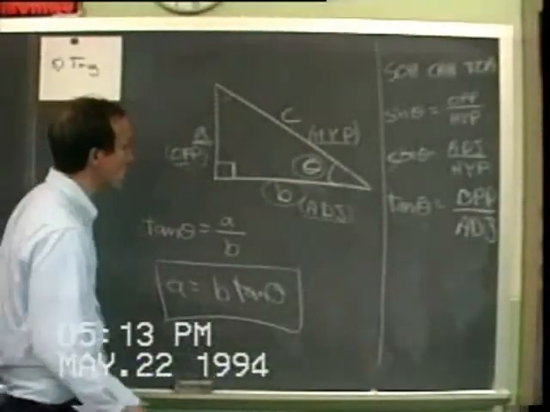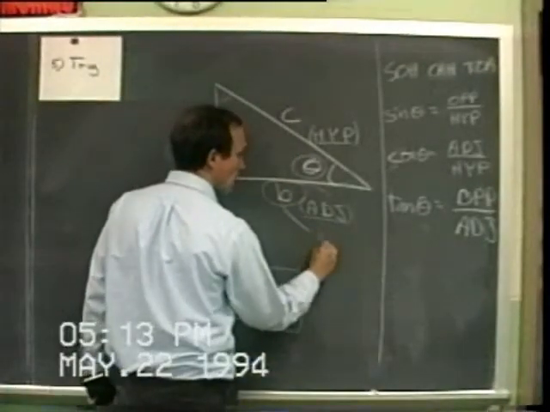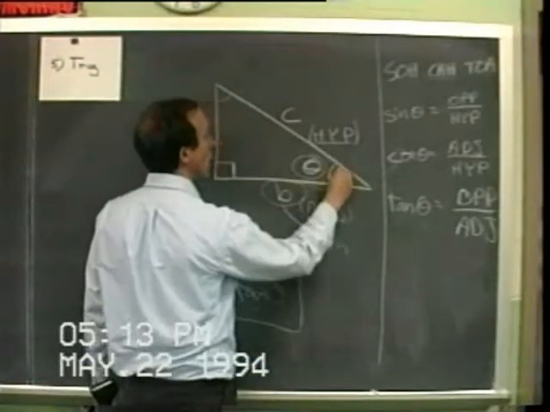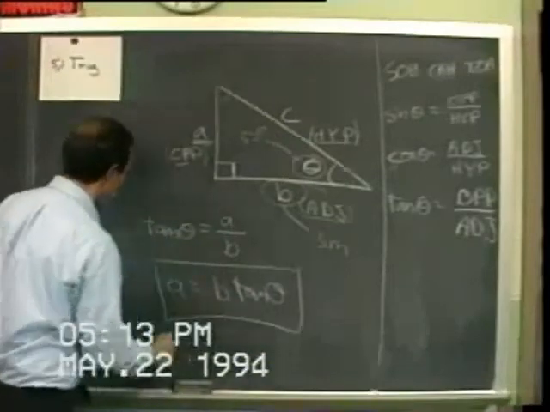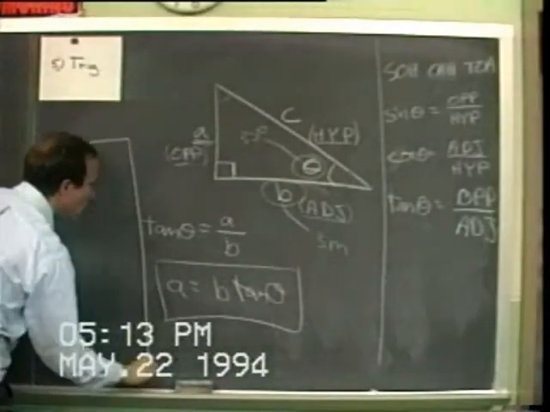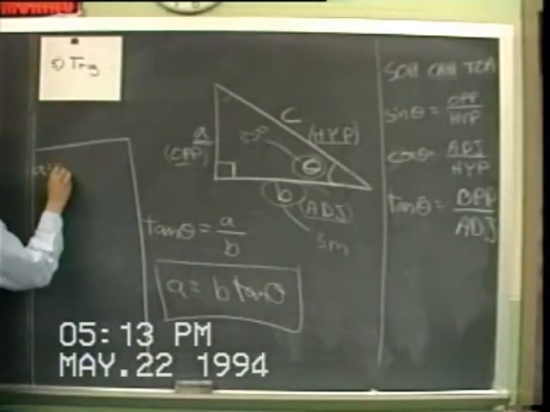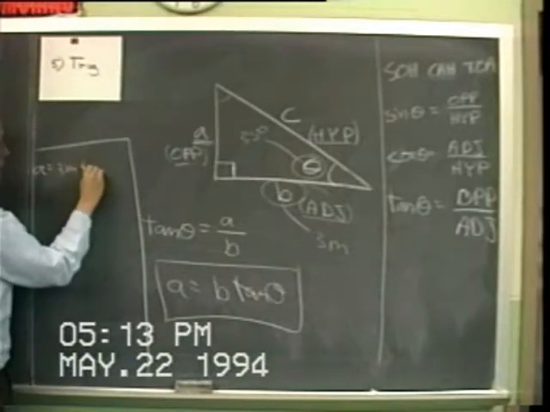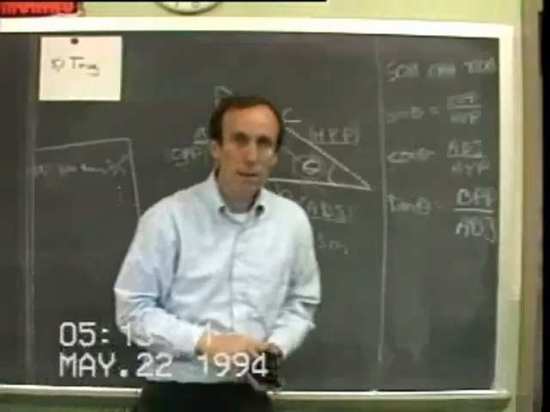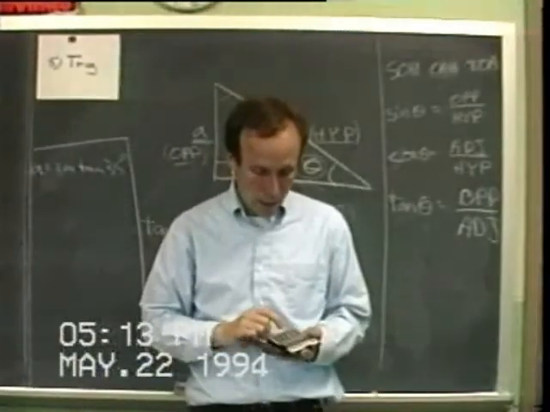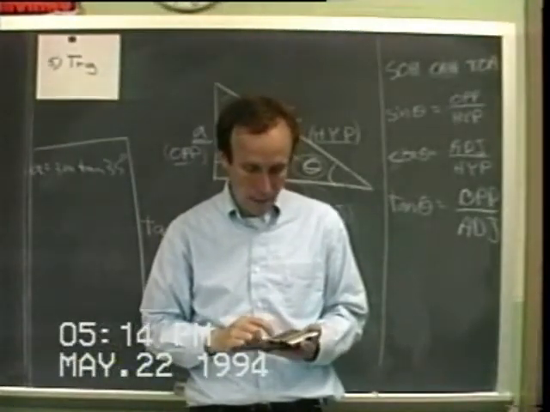Suppose, for instance, B was given as 3 meters and theta was given as 35 degrees. I could then write A is equal to 3 meters times the tangent of 35 degrees. To evaluate that expression, I hit 35, the tangent key.